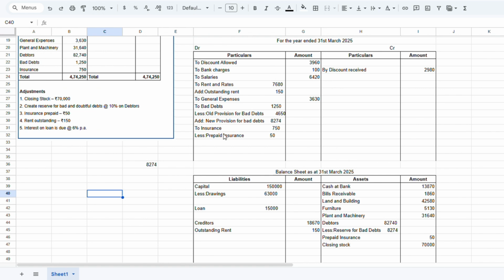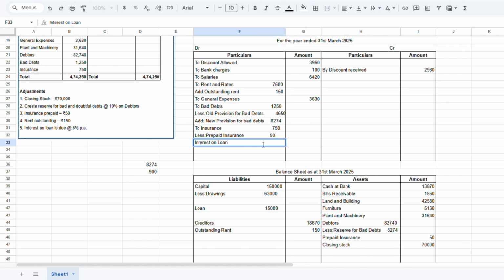Next, interest on loan due at 6% per annum. We already have loan here, and we have to pay the interest on loan, so it is an expense for the business. First, we will add interest on loan outstanding, because we need to pay. Loan is 15,000, and 6% of that is 900.